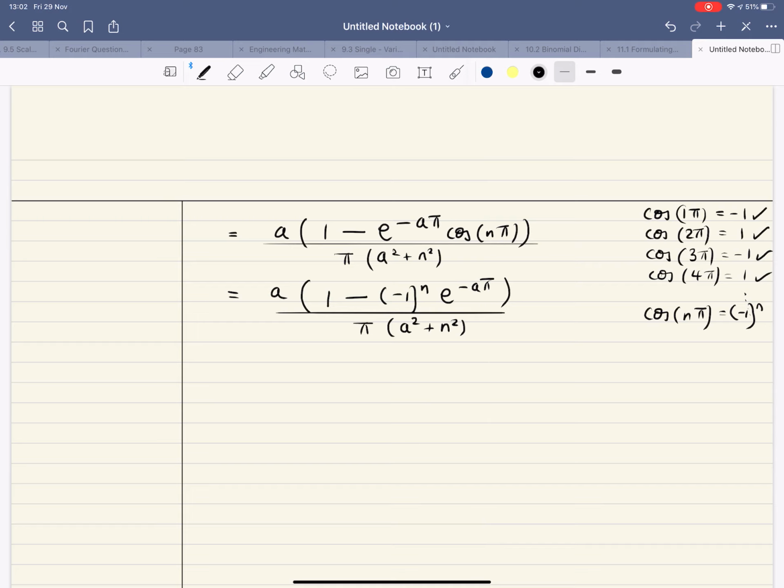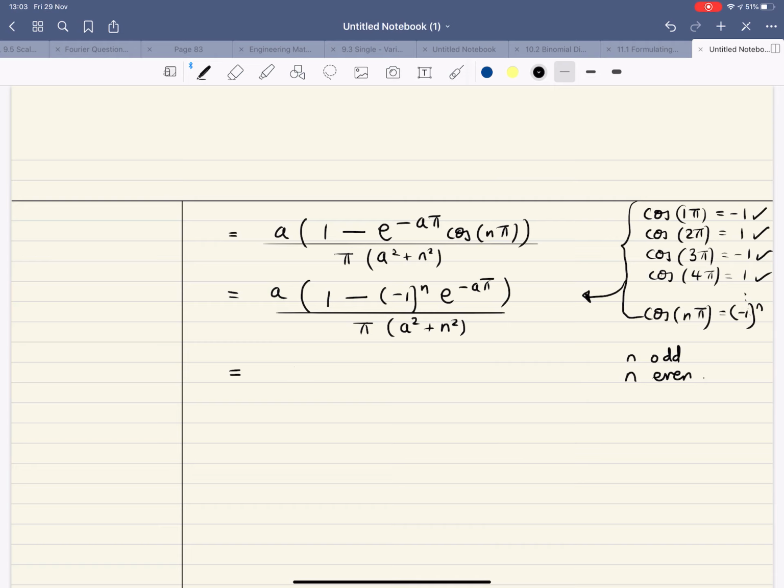So what we can finally say, well, it splits it up. So that one has been used in there, that line there. So we need to look at the difference between n odd and n even. So the bits where the n comes in, well, n squared is n squared whether n is odd or even.